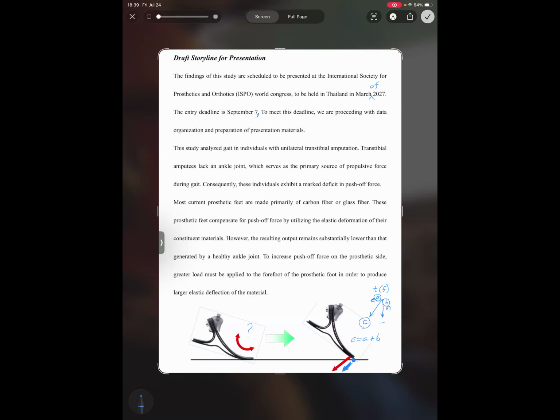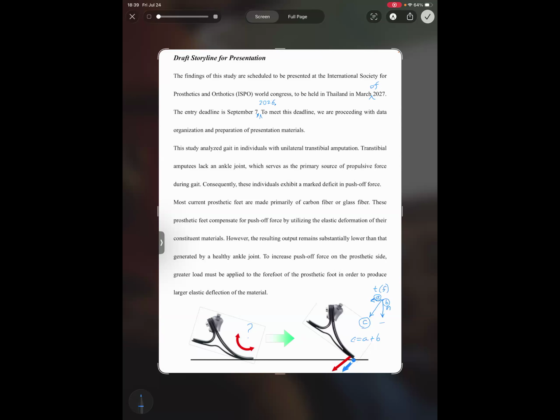Let's use a comma, 2026 of this year, right? Yes. To meet this deadline, we are proceeding with data organization and preparation of presentation materials. Okay, good.